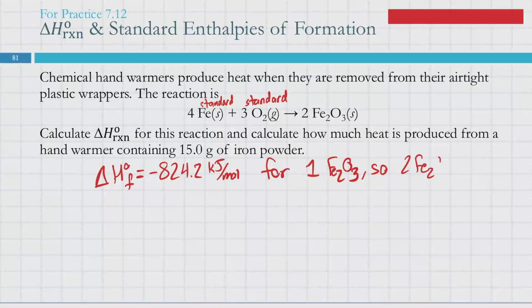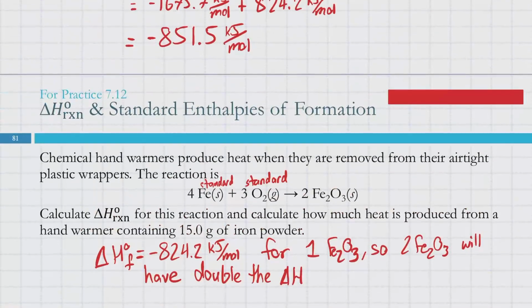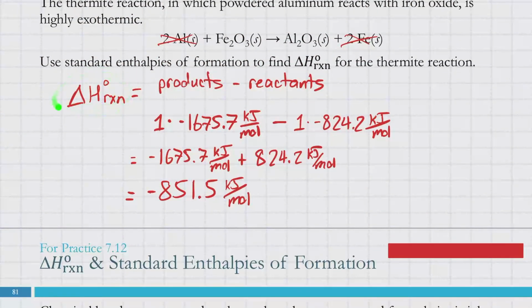So 2 Fe2O3 will have double the delta H. It is relatively simple because our reactants are both in standard states, and so we just have products. So if we're using standard enthalpy of the reaction equals products minus reactants, we don't have any reactants, it's just products.